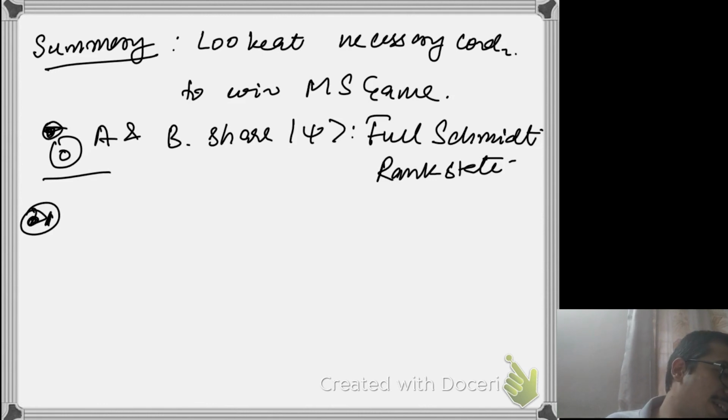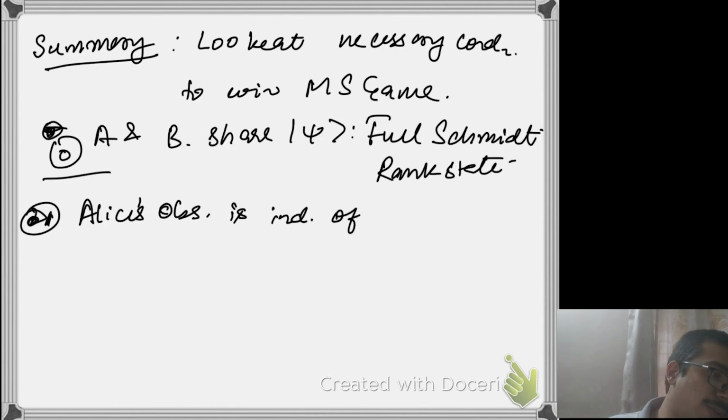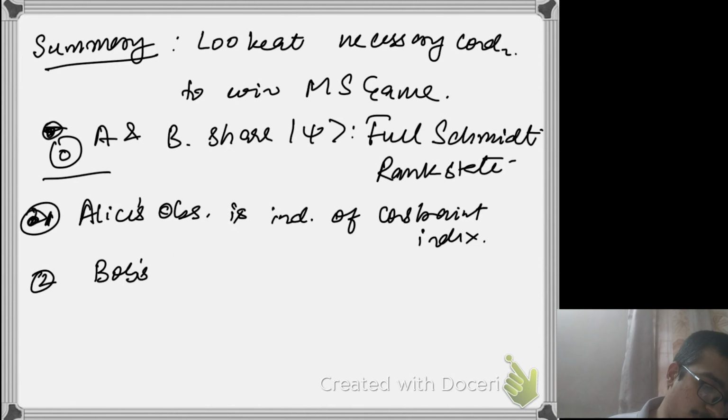So the first necessary condition is that Alice's observable is independent of the constraint index. It only depends on the variables which Alice is going to measure, right? Bob's observable is the transpose of Alice's one for each variable.